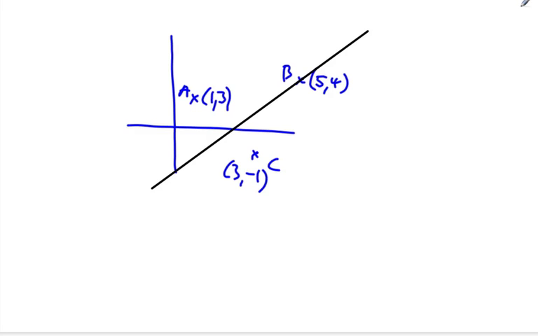The line passes through B, so there's 1 point, and it is not at right angles to AC, but it cuts through the midpoint of AC. So to get the second point, we need to just work out the midpoint of AC.